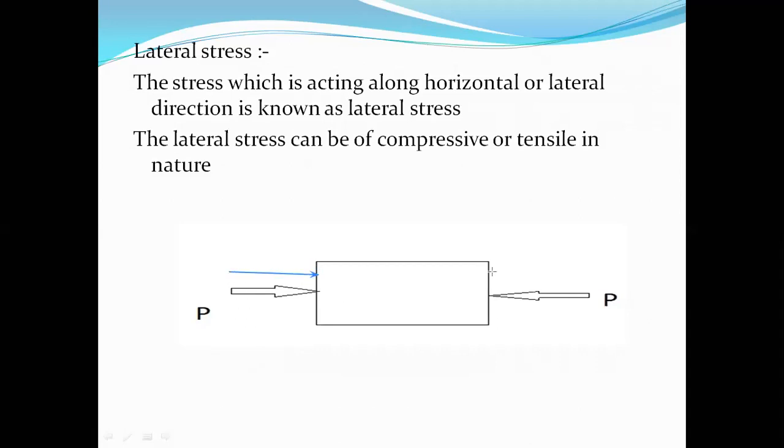They are of compressive nature. Or it could be like this, the stresses are acting like this. They are of tensile nature. So far the definitions we discussed were of vertical stress and lateral or horizontal stresses.